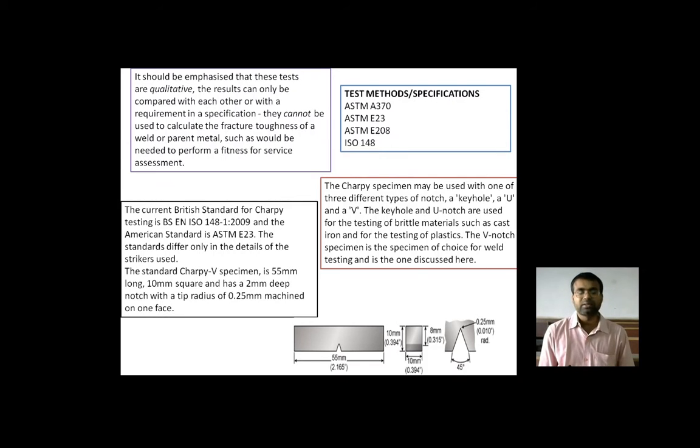Most of the time, the CHARPY test is widely used for examining the toughness of the material, and the IZOD may now be replaceable, but the CHARPY test is the most widely used for the impact test, although IZOD is also implemented to check the impact toughness of the material. The standards differ only in detail of the striker used.